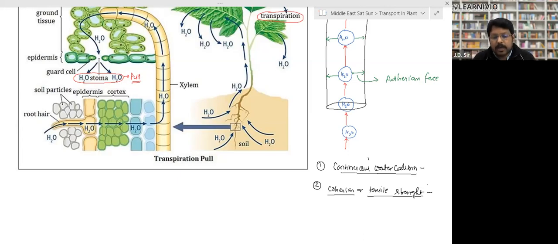Next point, another force called adhesion force between the xylem wall and water molecules, which does not allow the water column to break down.